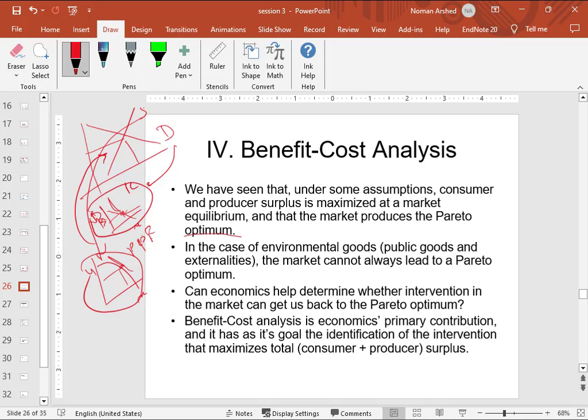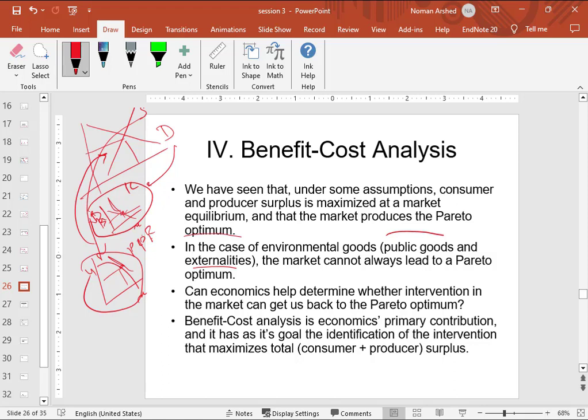In the case of environmental goods, which may include public goods and externalities, the market cannot always lead to a Pareto optimum point. Sometimes the goods are public goods. We'll talk about it in detail. And some goods are actually not goods, they are externalities or some services that you are getting for free.